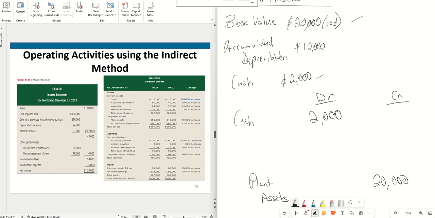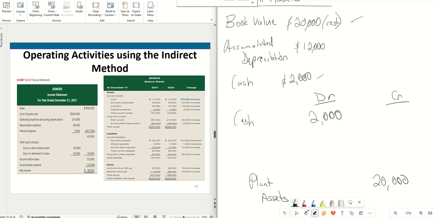Okay. Now, when the plant asset was acquired and used up, the depreciation that was accumulated was $12,000. So whenever you do record depreciation or accumulated depreciation, you are crediting that account, which means that when you do dispose of the asset, you're going to have to remove or eliminate that accumulated depreciation from your ledger.